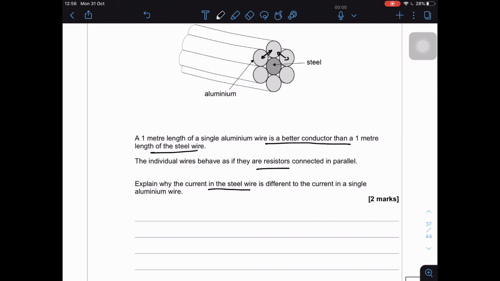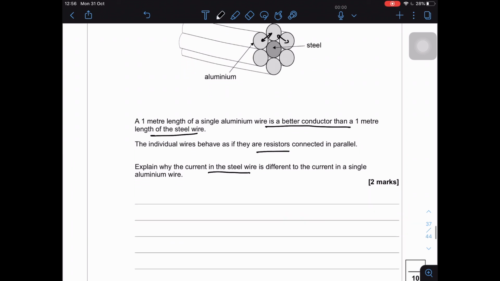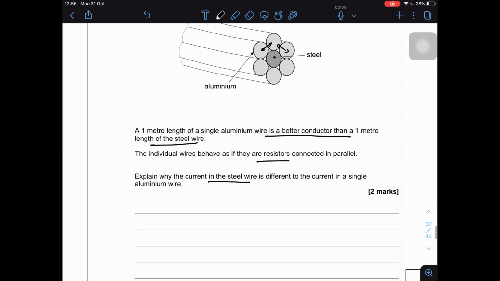Now think about a parallel circuit. What is the key quality of a parallel circuit? If we have voltmeters connected in parallel, one of the key things is that the potential difference across each one will be the same.